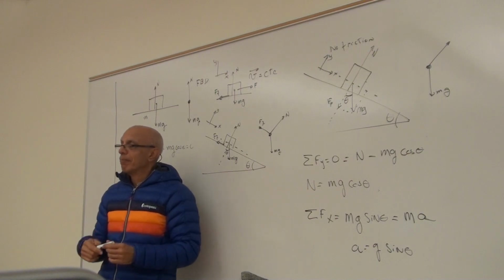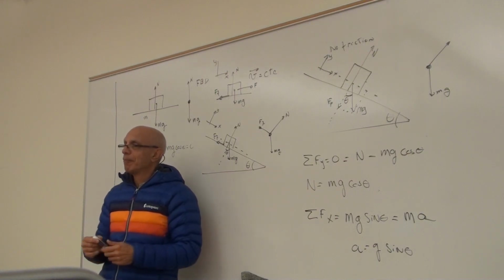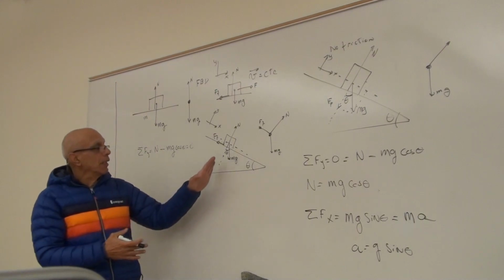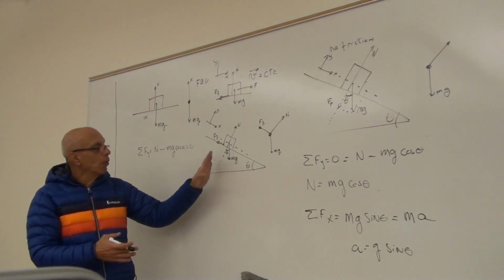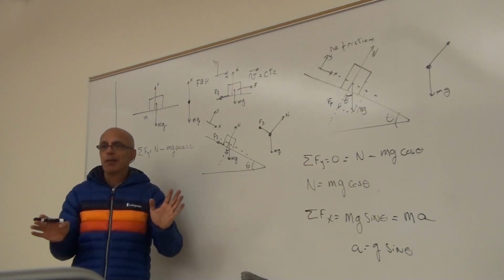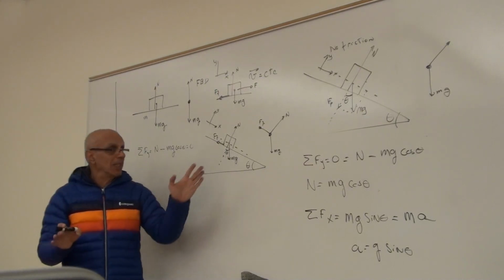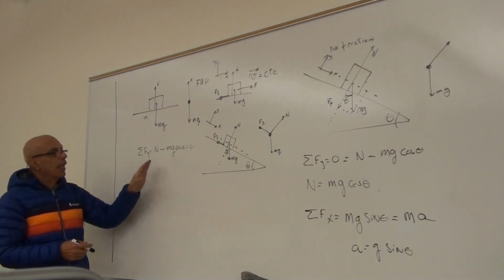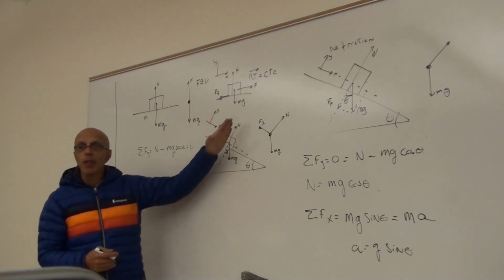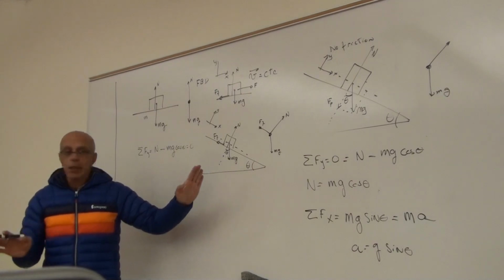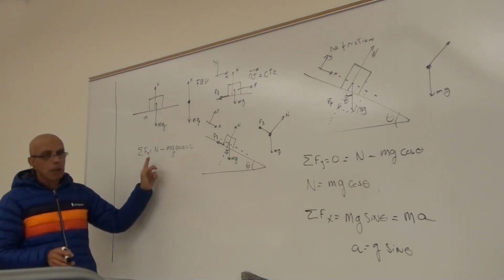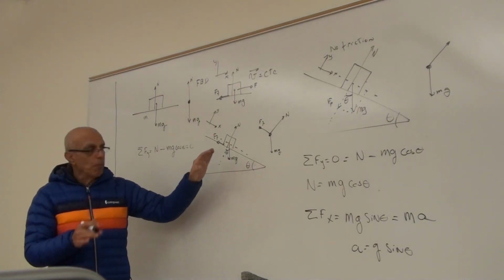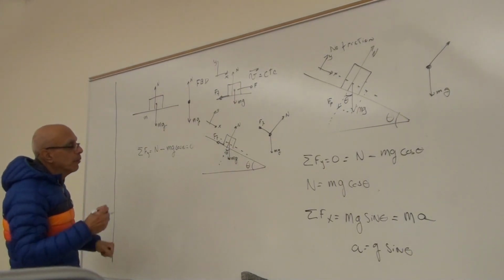So let's try to do that situation that is not moving, at rest. Let's see if that's possible. It's clear that in the y direction they're not moving, so the forces are going to be equal here. Now, if it's not moving, we need to have some sort of balance.